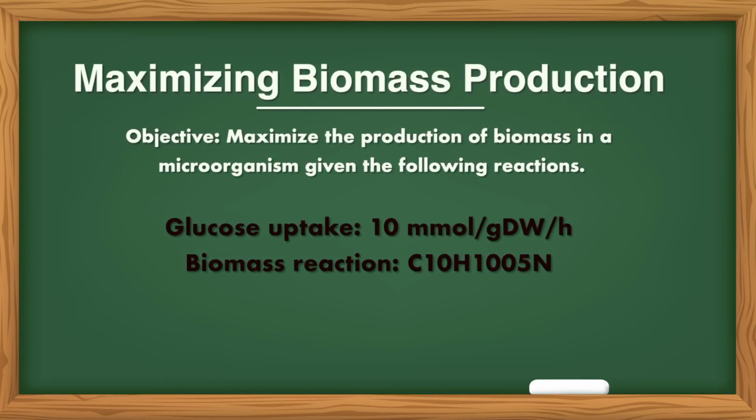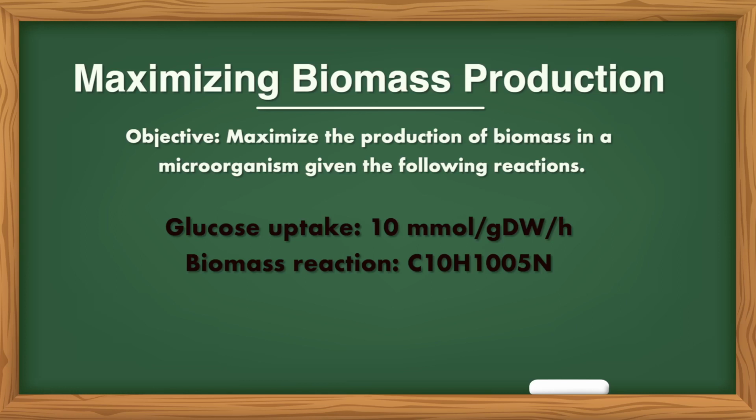The objective here is maximization of the production of biomass in a microorganism given the conditions. I will discuss very briefly what these conditions are. I will also provide the specific values associated with the different rate constants, so that it will be easier for students and researchers to capture a brief picture of FBA utilization in their studies.